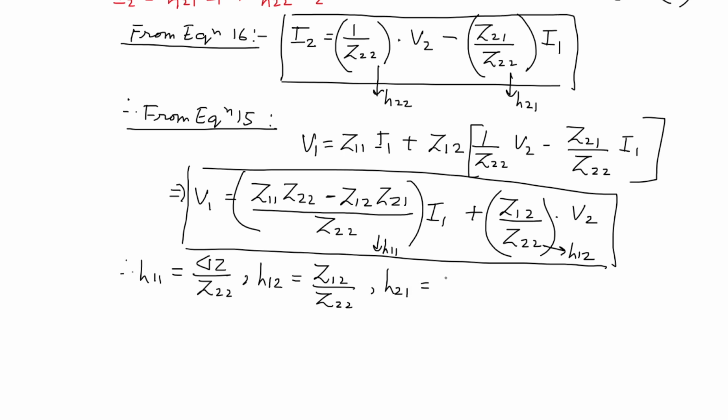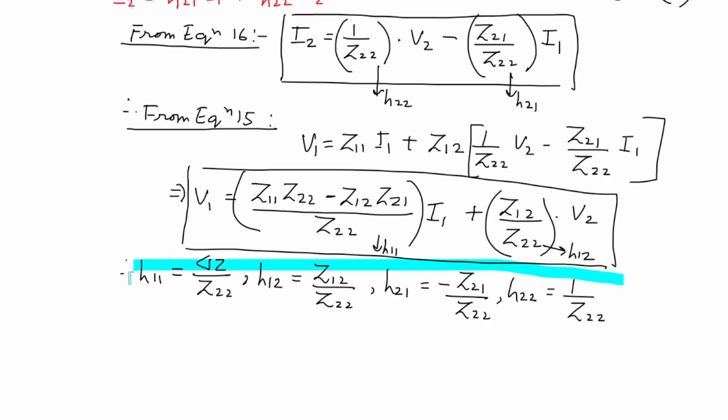H21 is minus Z21 divided by Z22, and finally H22 will be equal to 1 by Z22. So that is the first representation of hybrid parameter in terms of Z parameter.